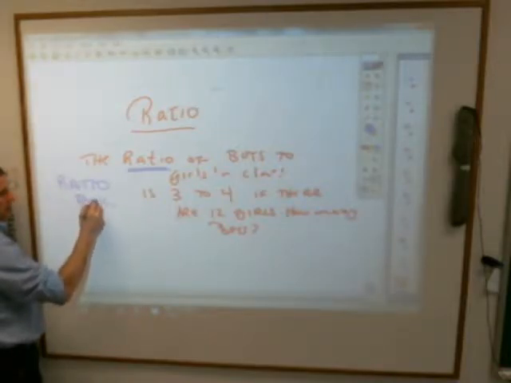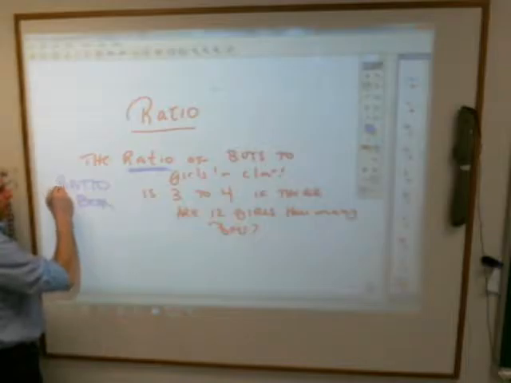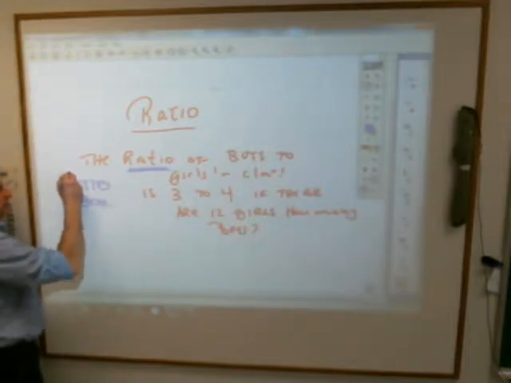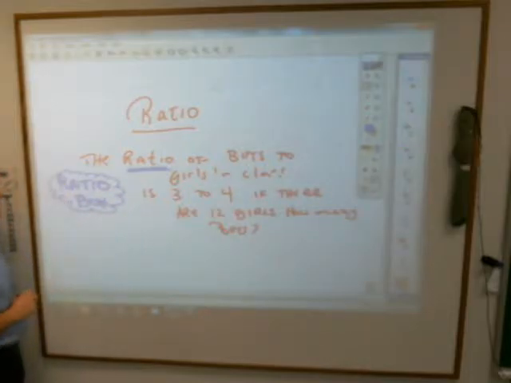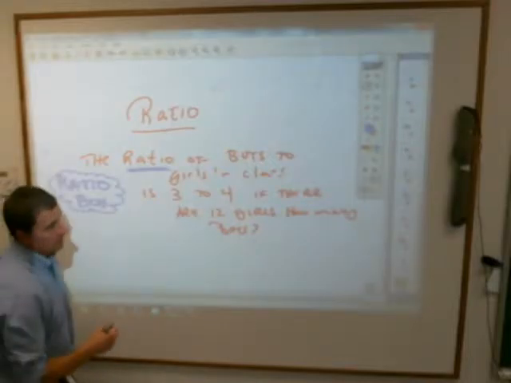Highlight, underline, star, and cloud around that because this is incredibly important. A ratio box. It's not complicated, not terribly exciting, but it is kind of exciting.